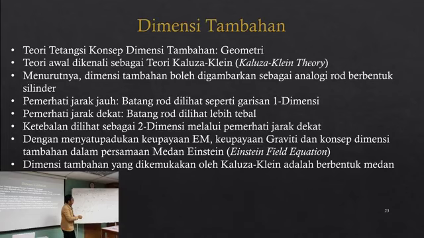Di mana kat sini kita tengok nanti akan ada pendekatan ADS CFT, brain and dimensions. Right? We try to make a compactification. Okay? Dan daripada sini kita tahu bahawa kita boleh dapatkan satu two dimension circle and three dimension cylinder. Itulah paling besar contribution dia.